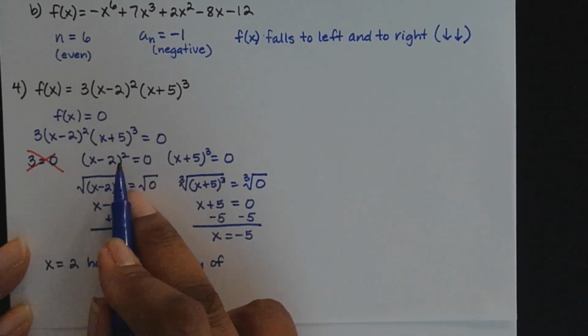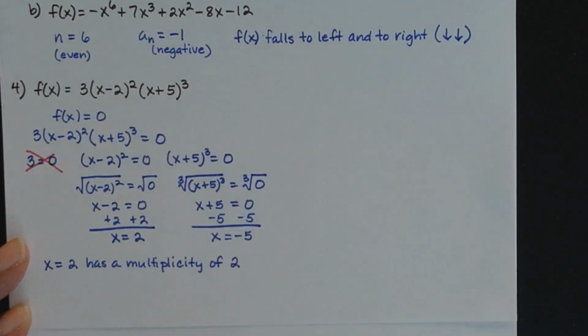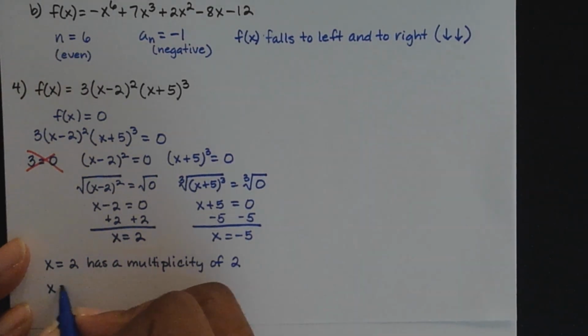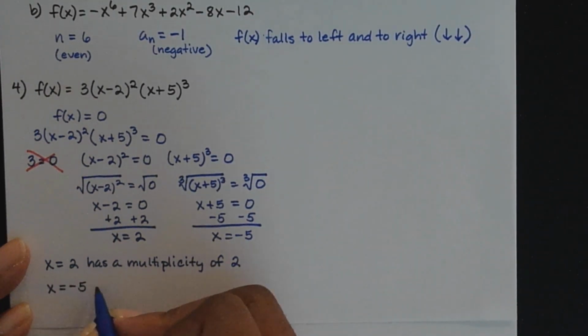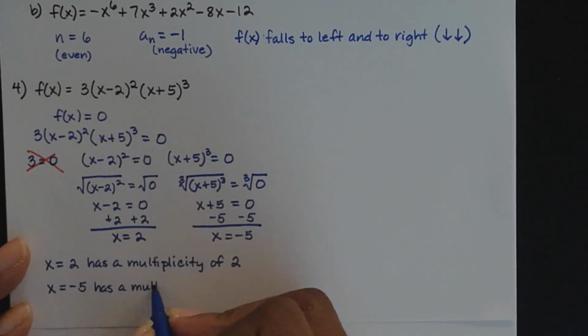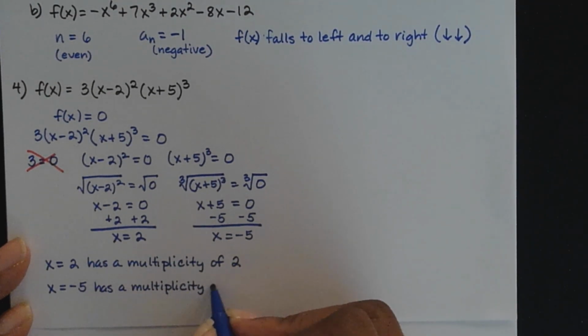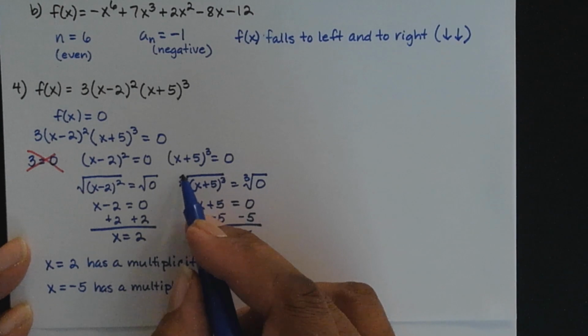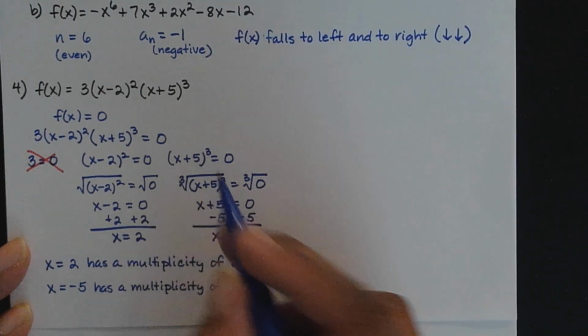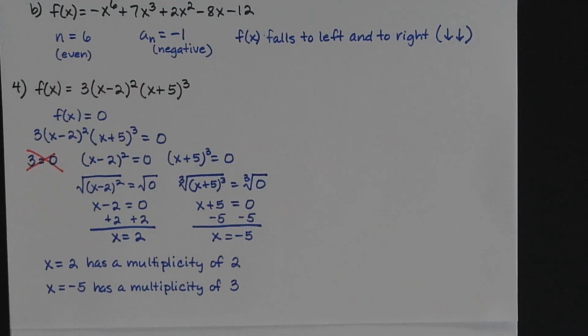So the exponent for the x minus 2 was 2, so x equals 2 has a multiplicity of 2. And the other one, x equals negative 5, came from x plus 5. The exponent for that would be 3. So x equals negative 5 has a multiplicity of 3.